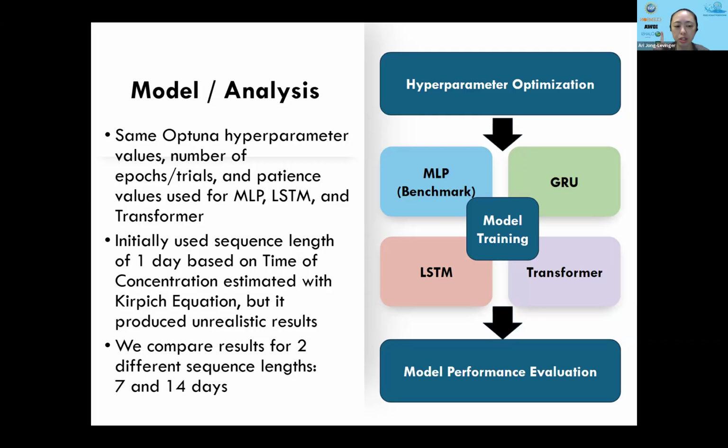Initially, we used a sequence length of 1 day based on the time of concentration, which is a physical parameter that represents how long it takes water to flow from the farthest point from the outlet to the outlet. But that 1-day sequence length produced really unrealistic results. So for this presentation, we are comparing results using a 7-day sequence length and a 14-day sequence length to look at the differences.